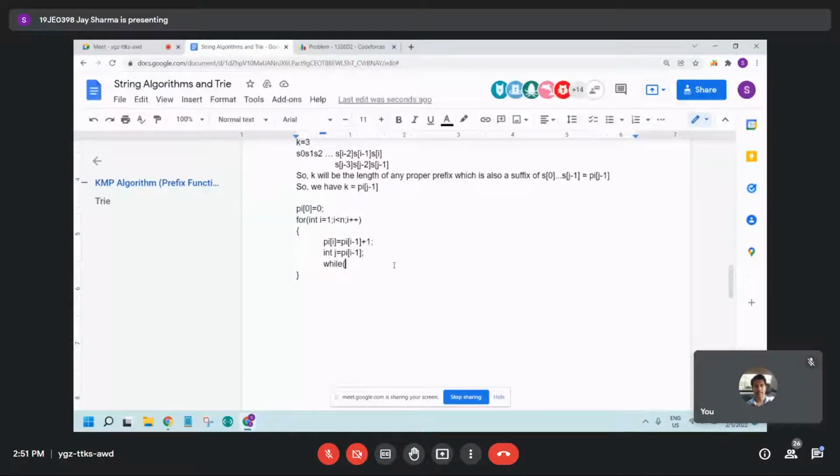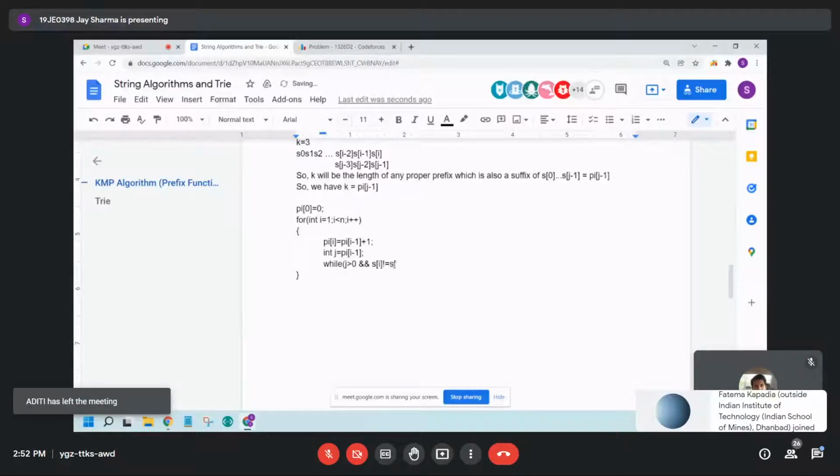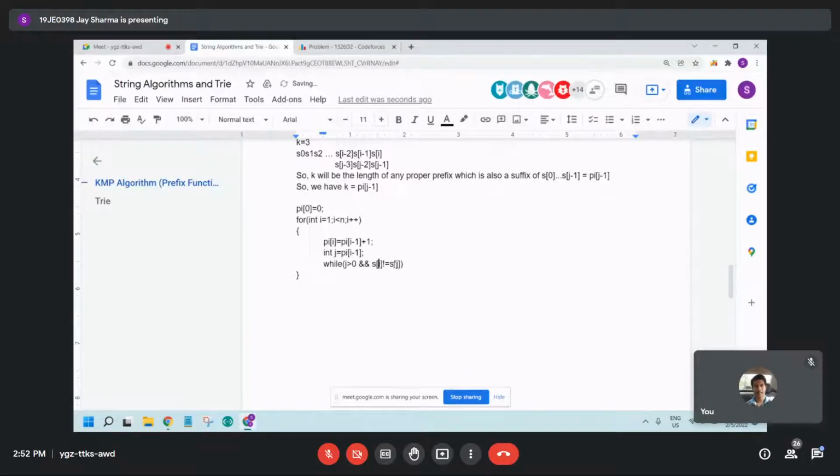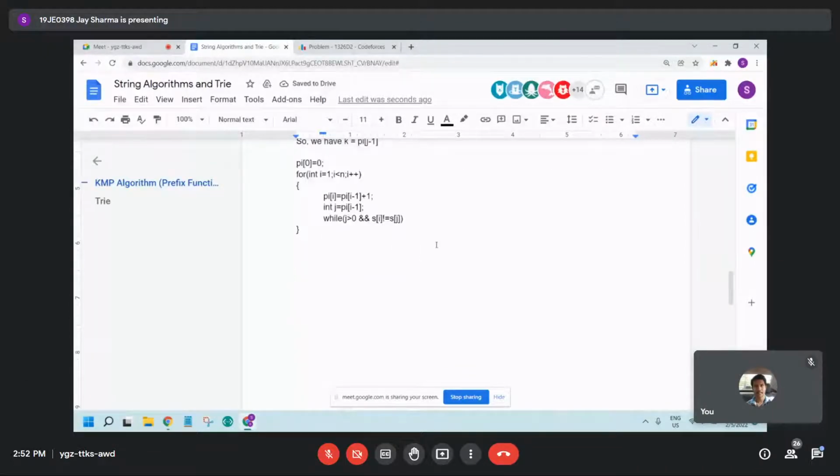So our condition here is something like this: while j is greater than 0, because obviously you can't take a 0 length kind of prefix and check with that, so that is not possible. So while j is greater than 0 and s of I is not equal to s of j, sorry, s of I is not equal to s of j.